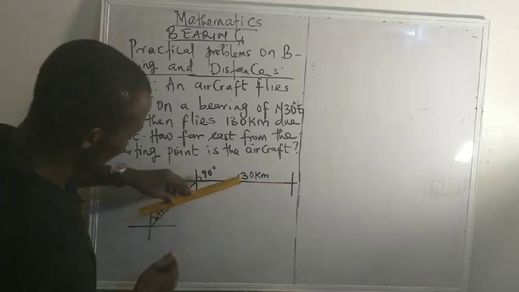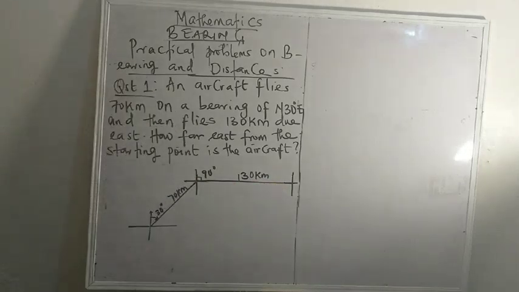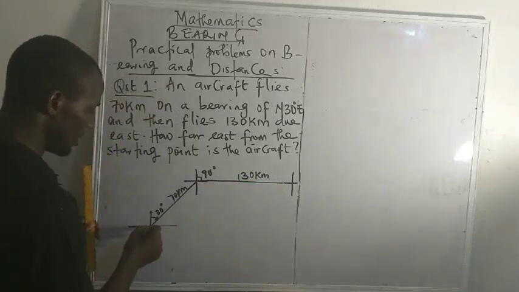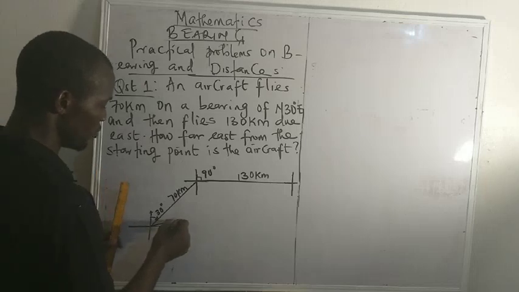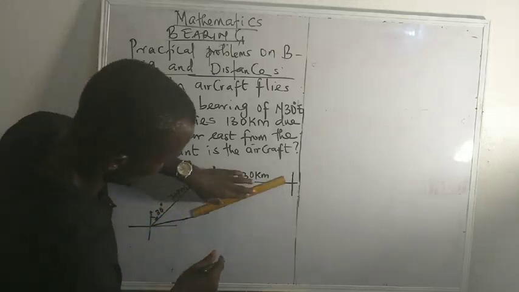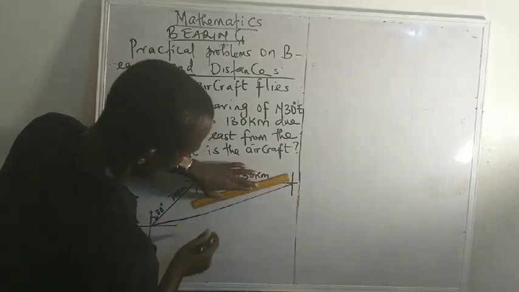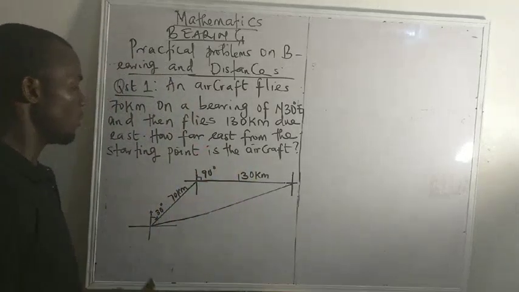Now it says, how far east from the starting point? So we need to join this point to this particular point. So that's what I want to do now. I want to join that point. So that is it. We've joined it.